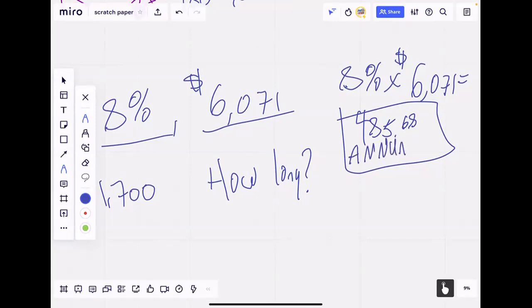This is the annual interest. So whenever you multiply the interest rate by the principal, you're getting annual interest. And the annual interest is what you're paying them for the loan, essentially. Yeah, it's basically the service fee. That's basically what interest is.